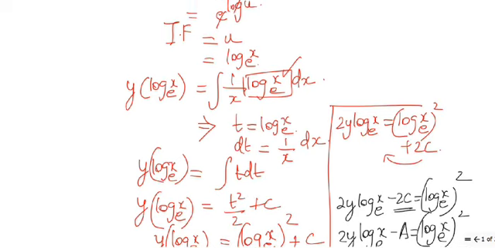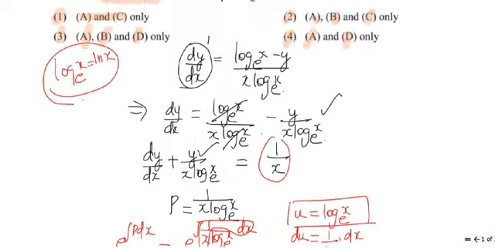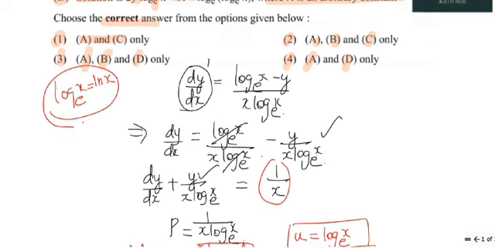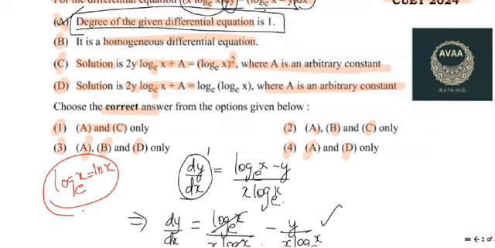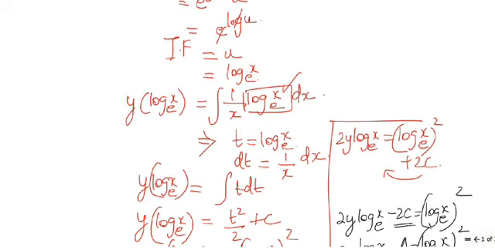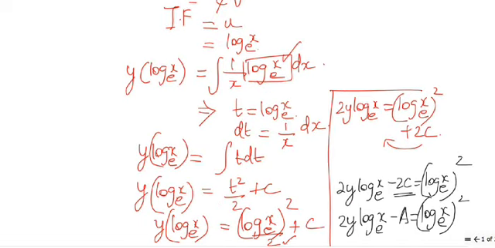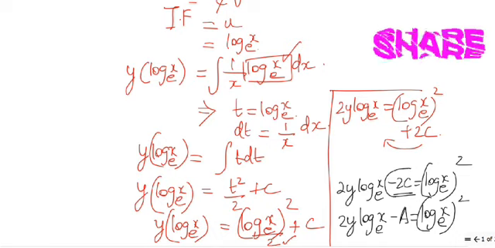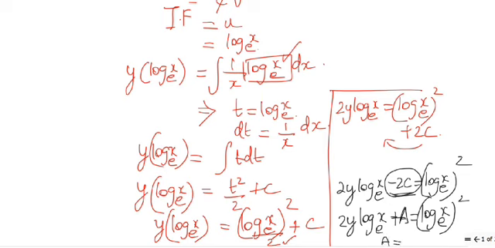Now if you cross check with the options, 2y log x to the base e, and then we are getting our plus a. If you bring this to the other side, that becomes plus a, because it is our assumption that we can take a to be minus 2c.